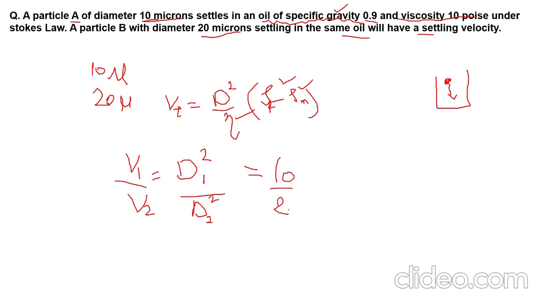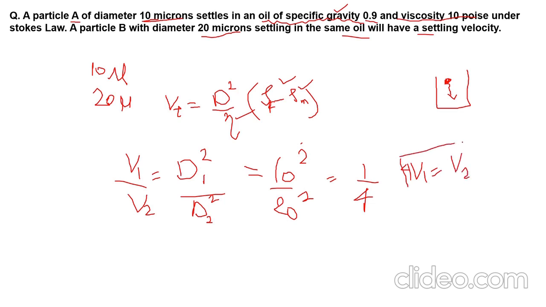So this will be 10 by 20. Right? So we have V1 over V2. V2 is equal to 4 times V1.